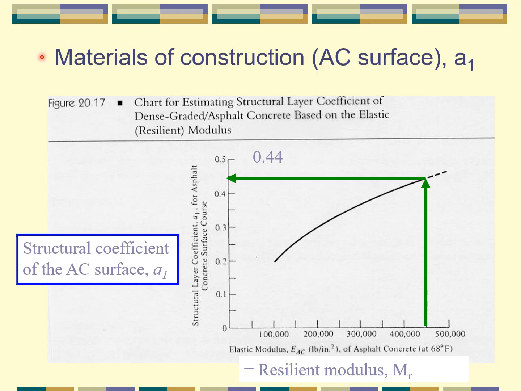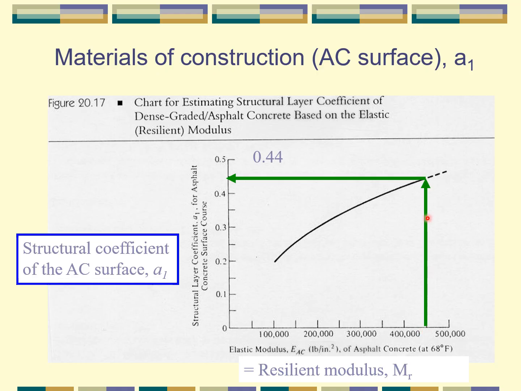Now here you can see the materials of construction, asphalt concrete surface, and here we are using the structural coefficient A1, and for that we can use this particular figure, or you can say the plot. Let's say the elastic modulus, or the resilient modulus, of the asphalt concrete is this much.